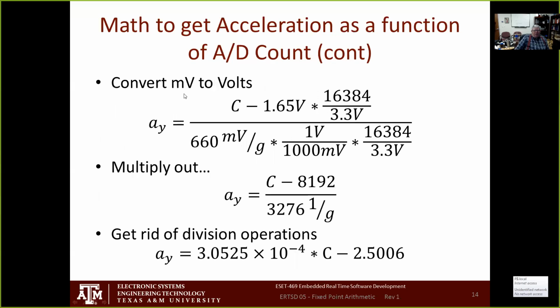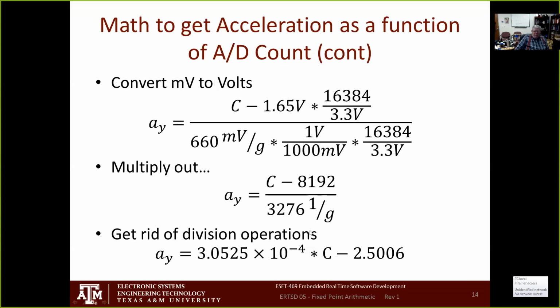So now, to convert millivolts to volts, multiply it all out, and now my acceleration is going to be the count minus 8192 divided by 3276 times 1 over g.